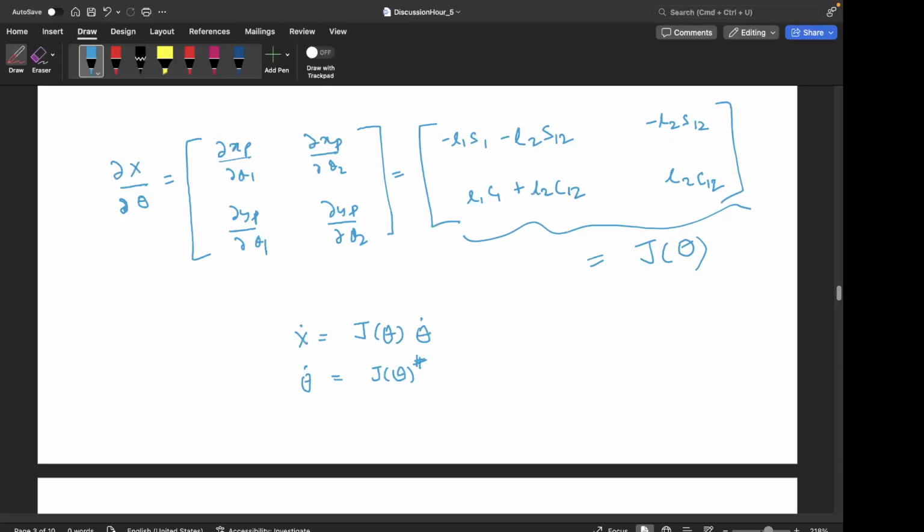I will describe why I'm writing pseudo inverse, and then this. So this is forward kinematics and this is inverse kinematics.